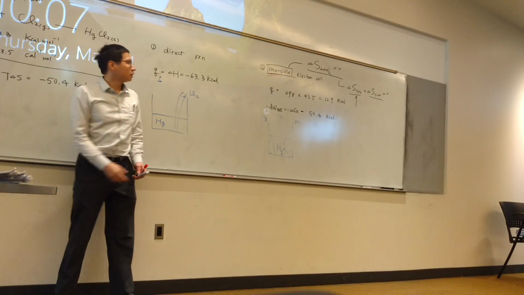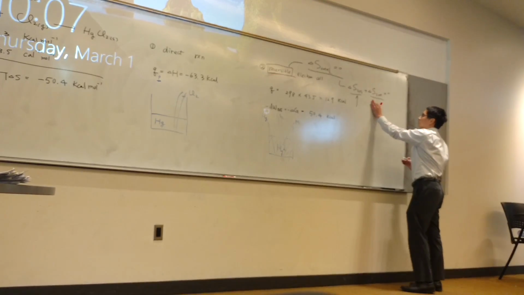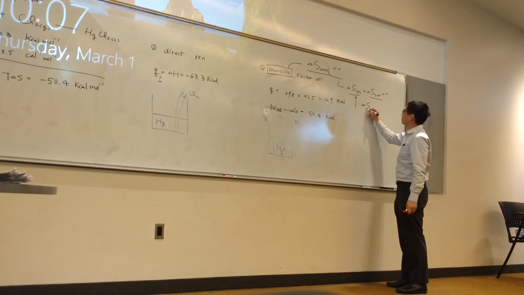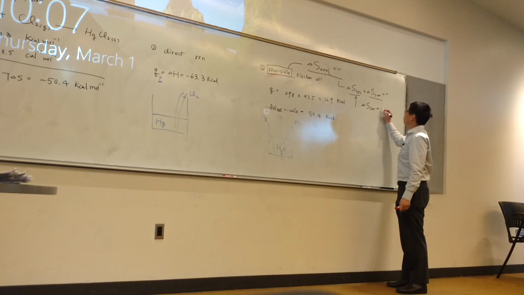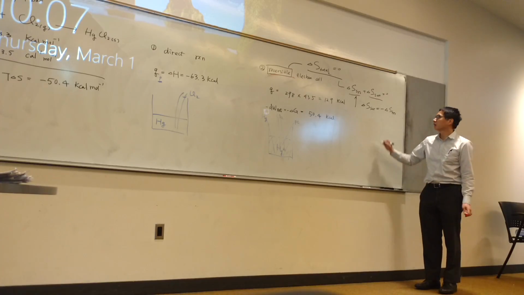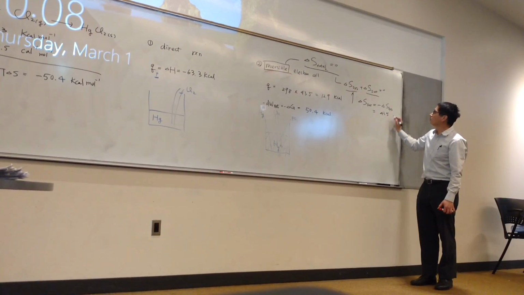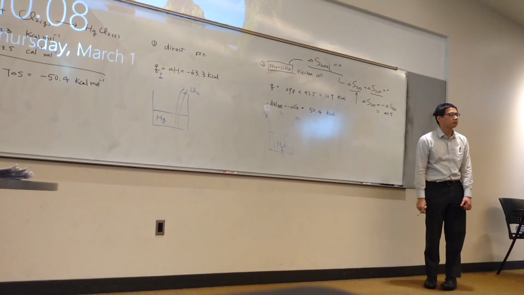You know delta S system plus delta S surrounding equals 0, so delta S surrounding is going to equal negative delta S system, which equals 43.5.